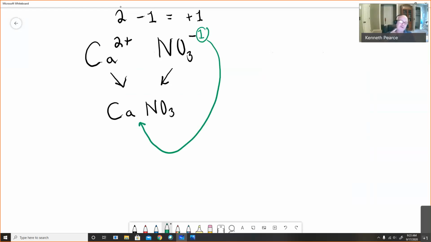Now, what to do about this 2, on the other hand? What are we going to do about this 2 when we cross the charges? Now, remember, that -1 is on the entire NO3. We can't just say it's on the oxygen. It's not just on the oxygen.